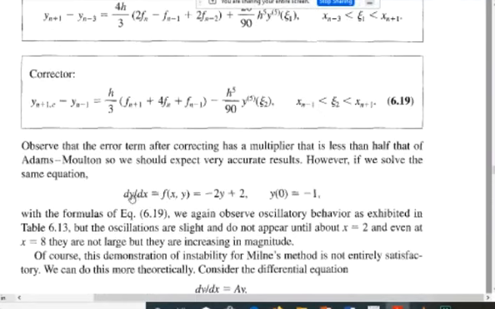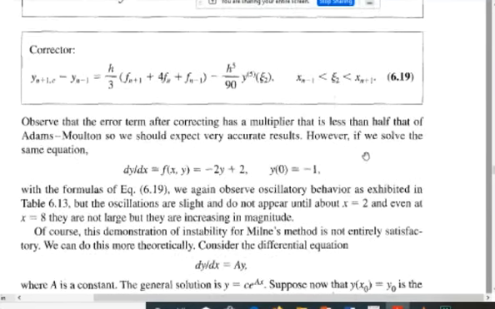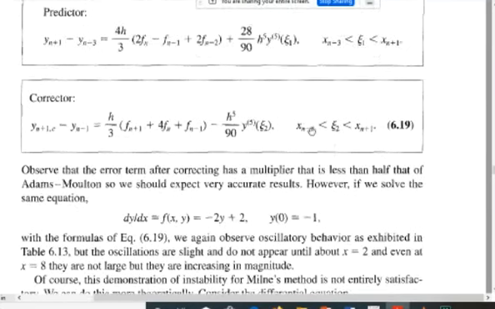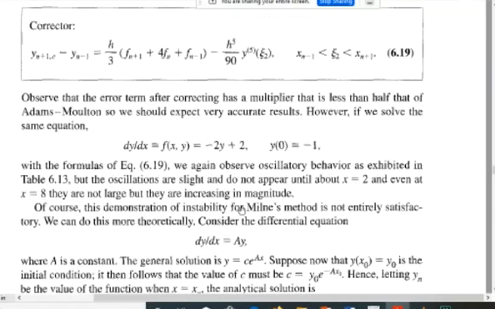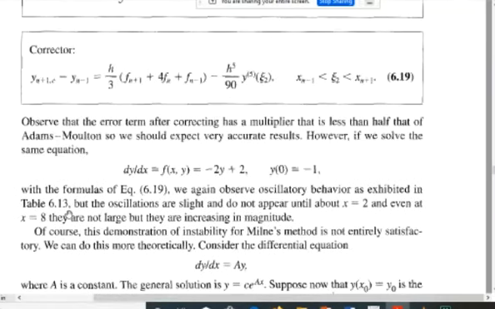y prime, or dy/dx, equals f(x,y) equals minus 2y plus 2, y0 equals minus 1, with the same initial conditions. With the formula of Milne's method, formula 6.19, we can see the oscillatory or unstable behavior, which is shown in table 6.13.